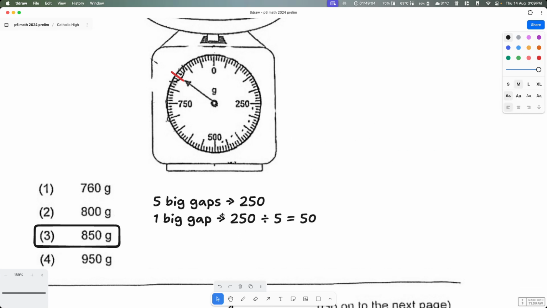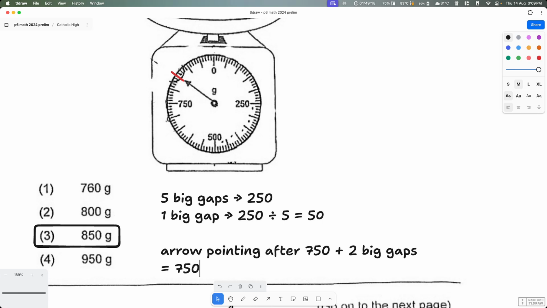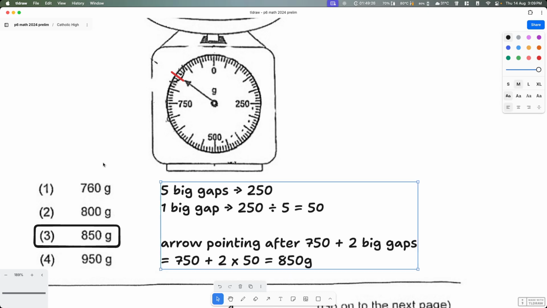So the arrow is pointing after 750 plus 2 big gaps, which is 750 plus 2 times 50, which is 850 grams. There you go, that's the answer.